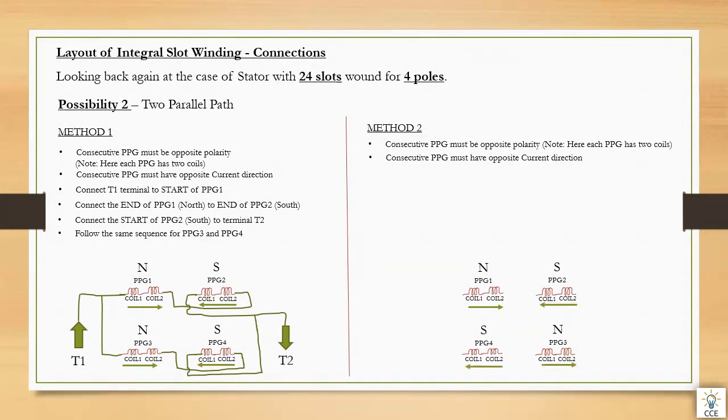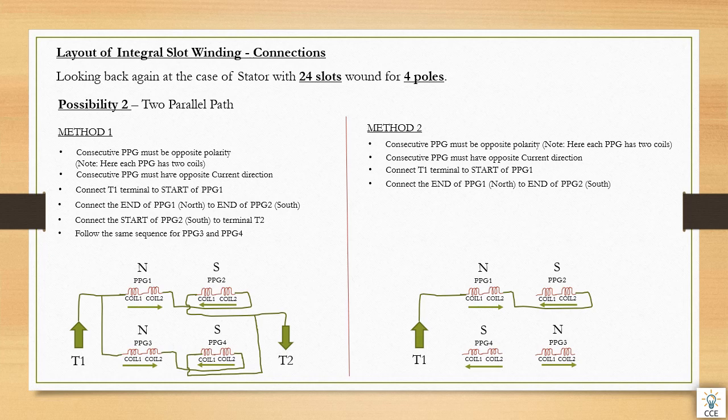Now the consecutive pole phase groups again should have the opposite current directions. We connect the terminal 1 to the start of the pole phase group 1. We connect the end of pole phase group 1 to the end of pole phase group 2, and we bring the end terminal to the terminal 2, T2.